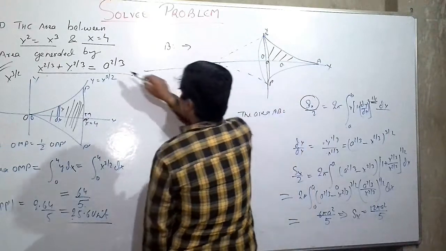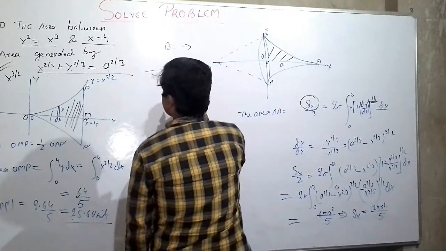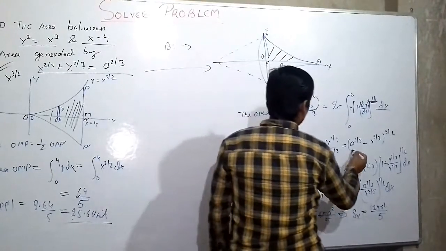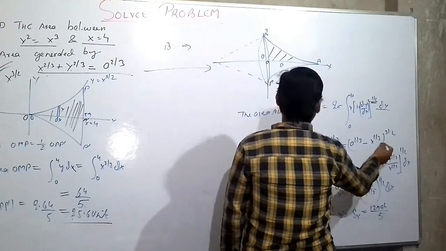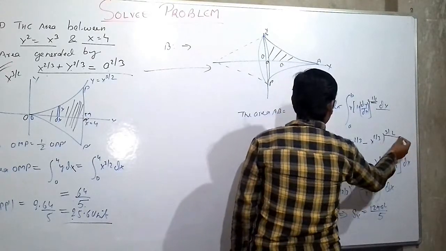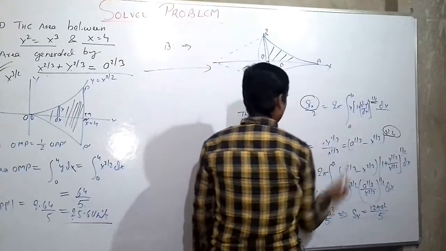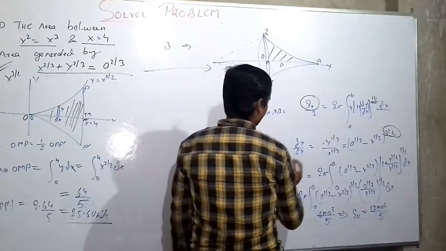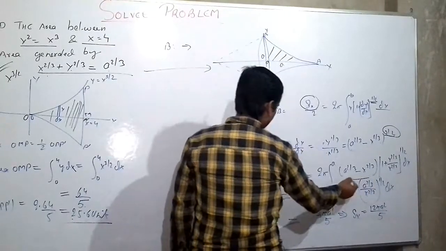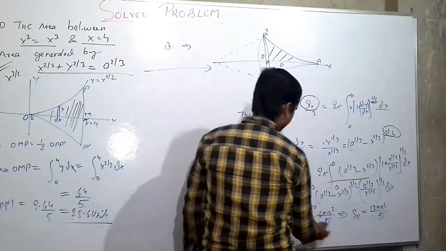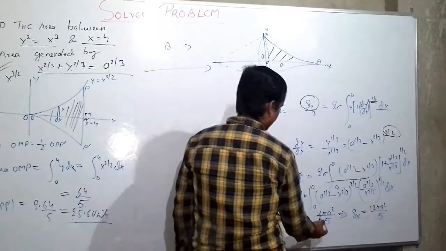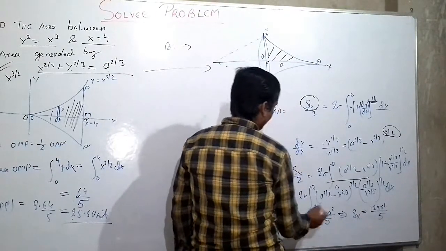Finally, if we plug this into this, we will get this equation: 8 to the power 2 by 3 minus x to the power 2 by 3, the whole to the power 3 by 2, and we plug this into this equation. Solving this integral, which is simple, we will get half area equal to 6 pi a squared by 5.